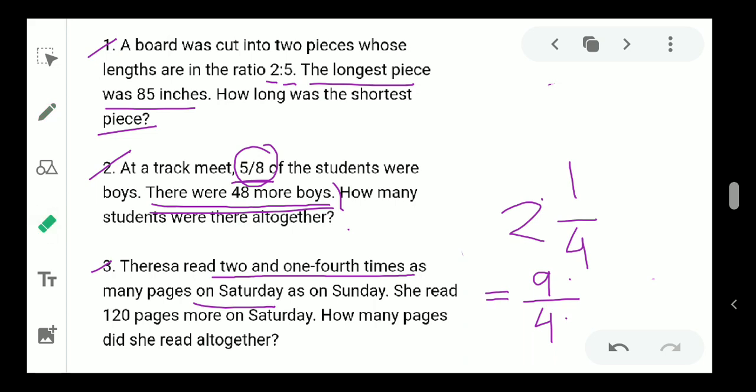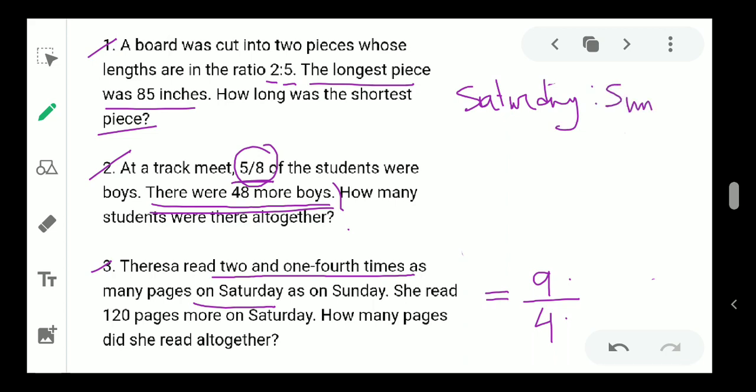That means the ratio of books read on Saturday to Sunday is 9:4.